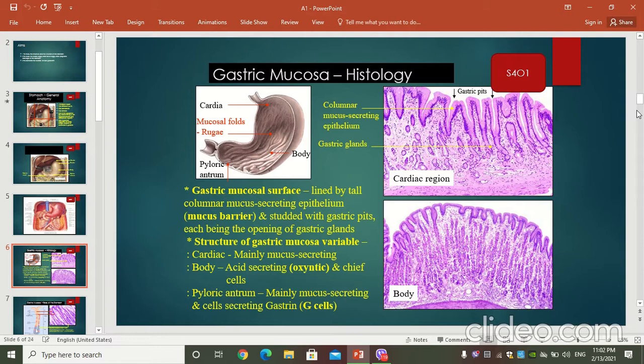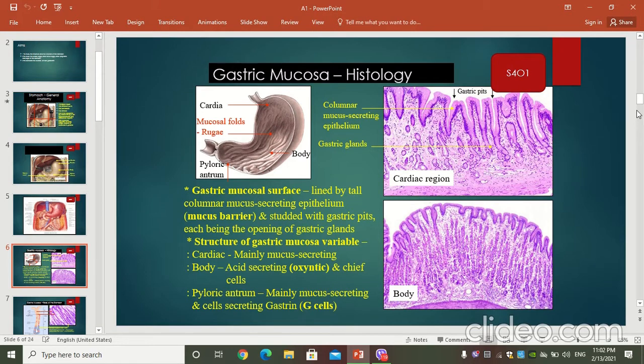Finally, the inner layer, the gastric mucosal surface, which is lined by tall columnar mucus secreting epithelium and studded with gastric pits, each being the opening of gastric glands.